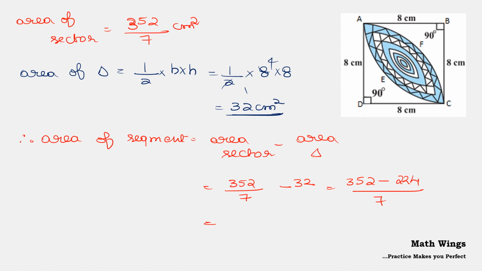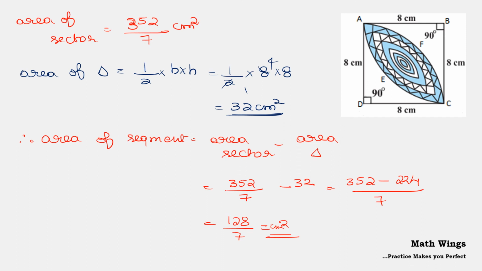So that is equal to 128 divided by 7. I'll write 128 by 7 centimeter square, right?